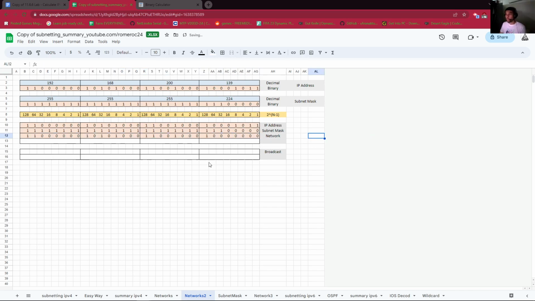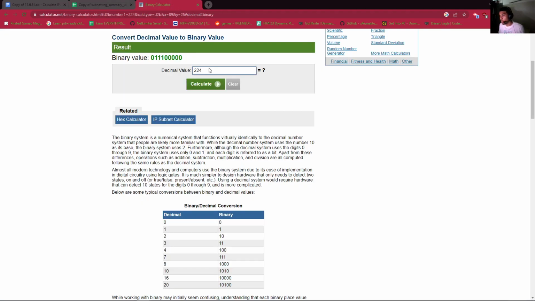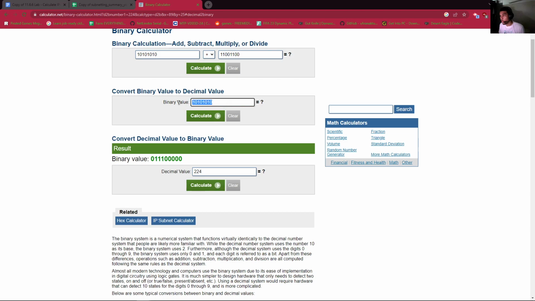Like this. Then we change the binary back into decimal. So here it will be 192, 168, 200, and for the binary 100, we get 128.